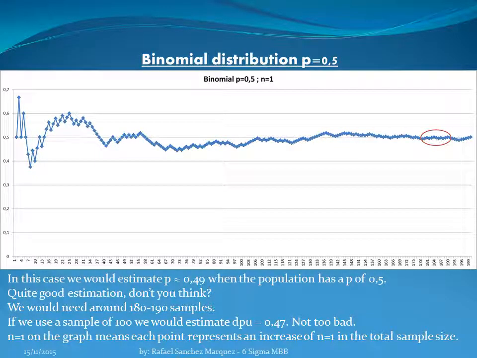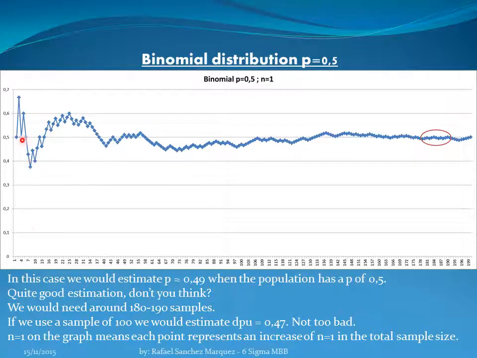First example with 50% okay and 50% not okay parts, or whatever we are measuring, and each point represents the value of the distribution, and the sample size of each point is n equals 1.